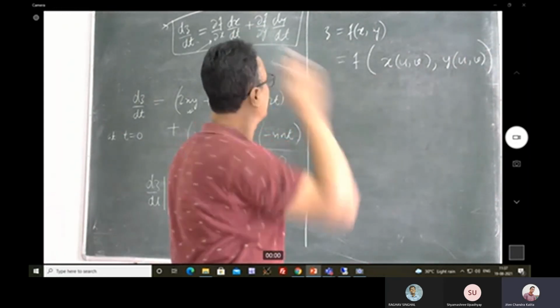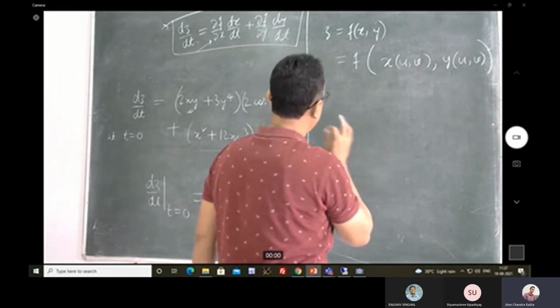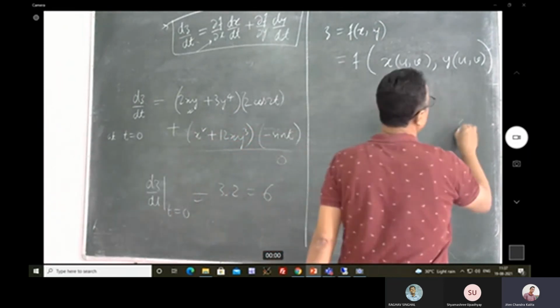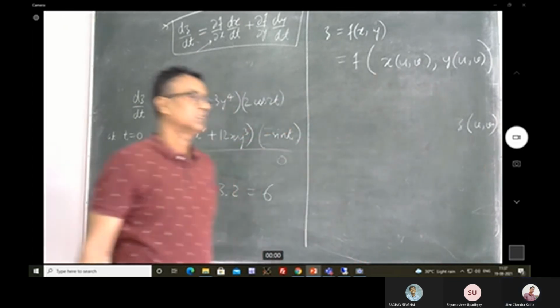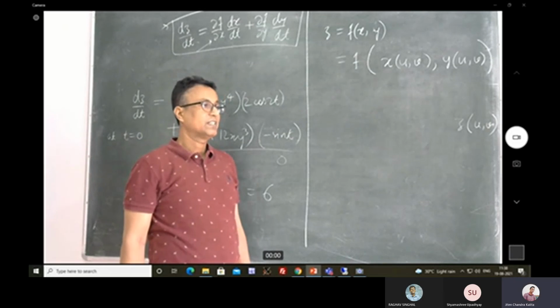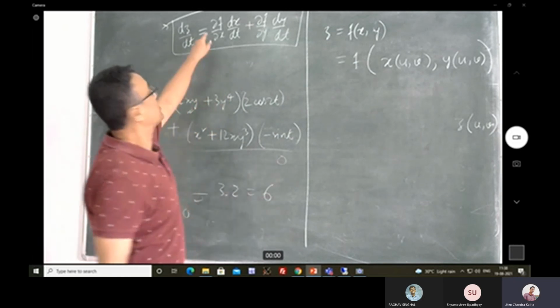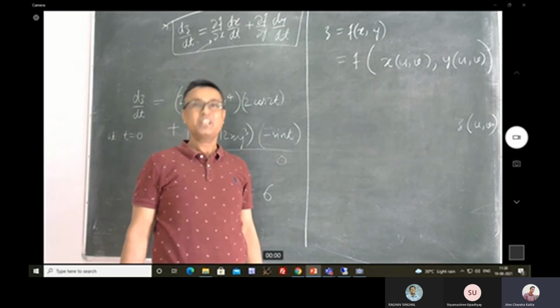Then z becomes a function of two variables u and v, whereas in the earlier case z eventually was a function of a single variable t.